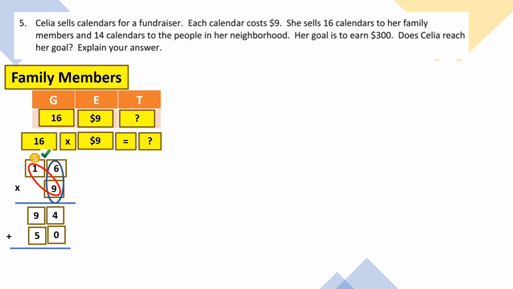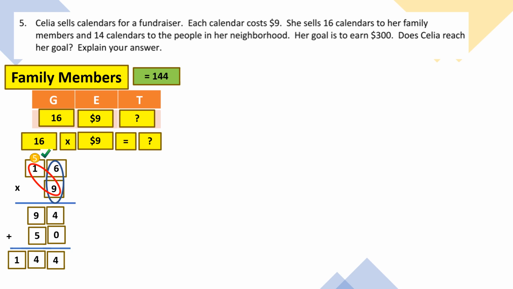Now we have 4 plus 0 in our ones place, which is 4, and 9 plus 5 in our tens place, which is 14. So that means that the total amount of money that she raised selling to family members was $144.